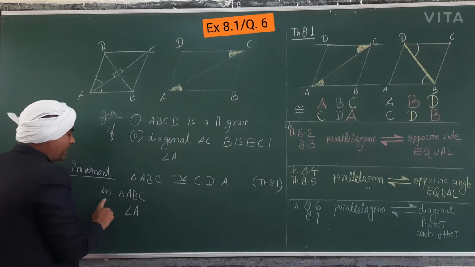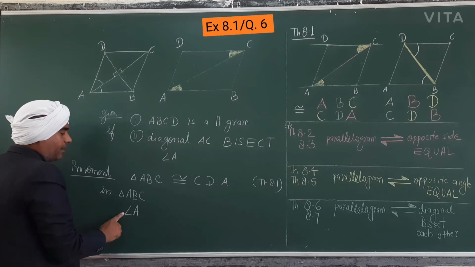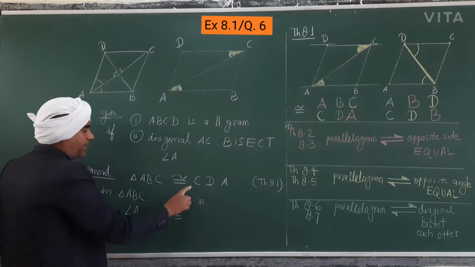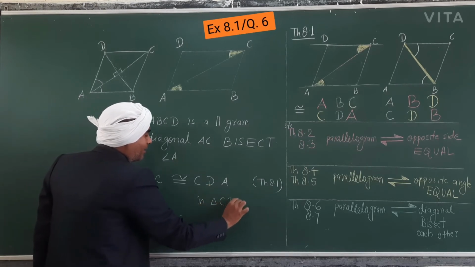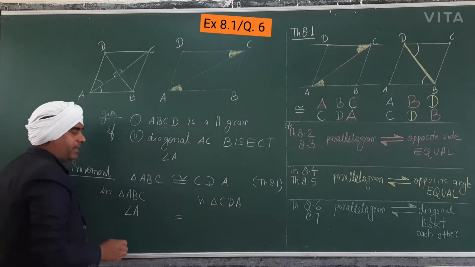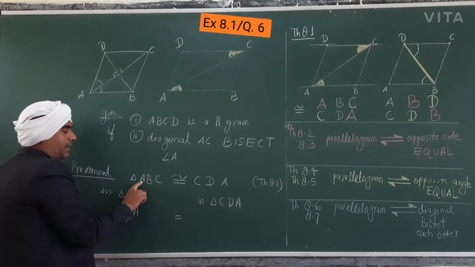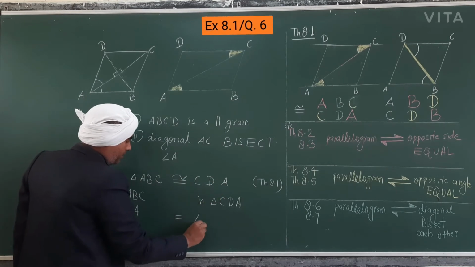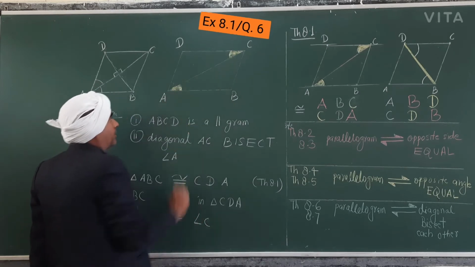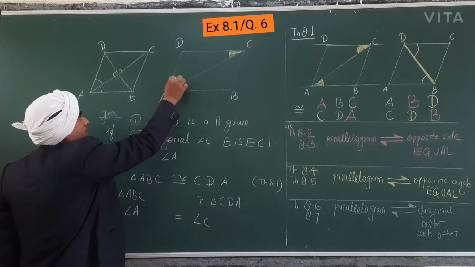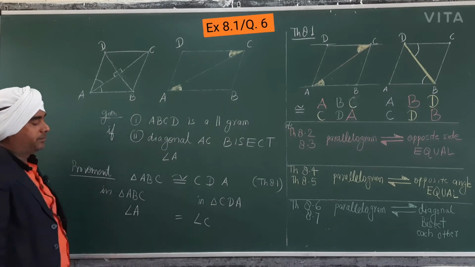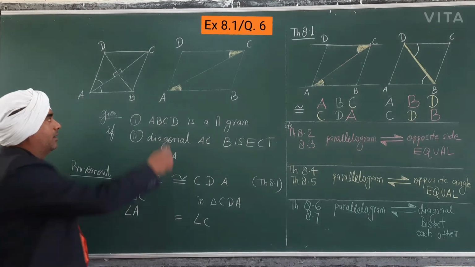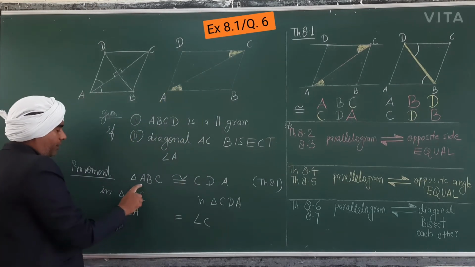That is why I have written in angle ABC, angle A is equal to, because for your simplicity, in triangle CDA, which one? Angle A equal to angle C. This angle A equal to here, and this is what? So with the help of this, angle A equal to angle C. Or you may write the full figure, you know, sometimes.